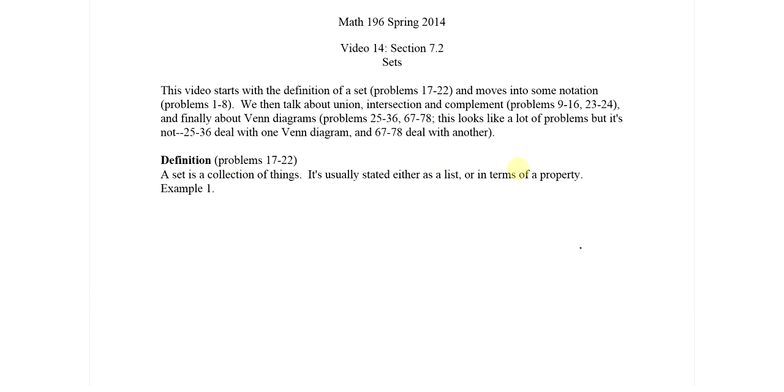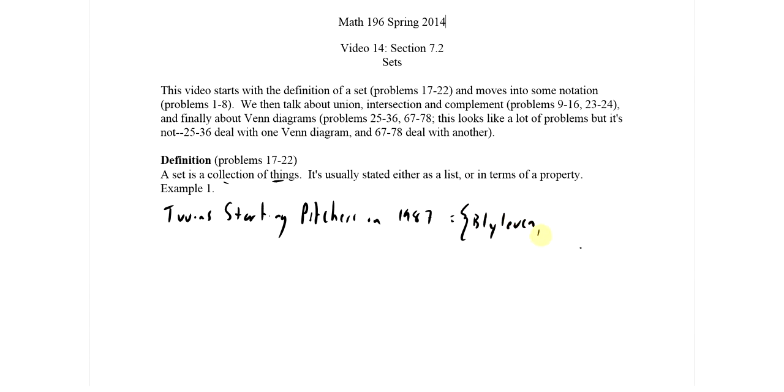So since baseball season is starting soon, we can say Twins starting pitchers in 1987, right? That's a collection of people in this case. And we can say that was Bert Blyleven, Frank Viola, Les Straker, not Phil Niekro, but Joe Niekro and Mike Smithson.